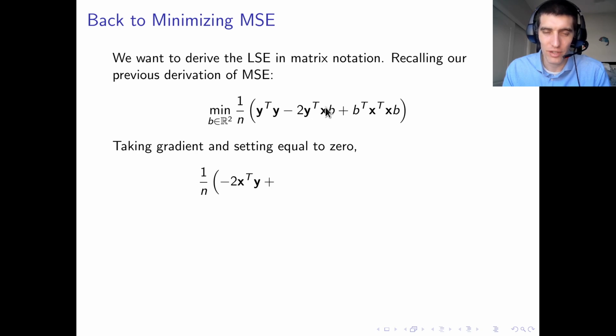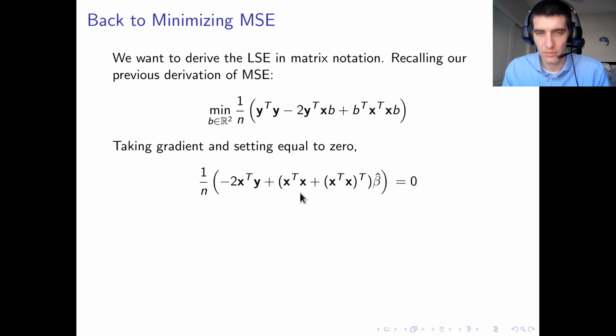We take the transpose of what's out front, because we're taking the transpose of a matrix product, we switch their order. Okay. And then we're left with the quadratic form here. What happens with the quadratic form? Well, remember from the slide just a moment ago, what we do is x transpose x plus x transpose x transpose, all times b.